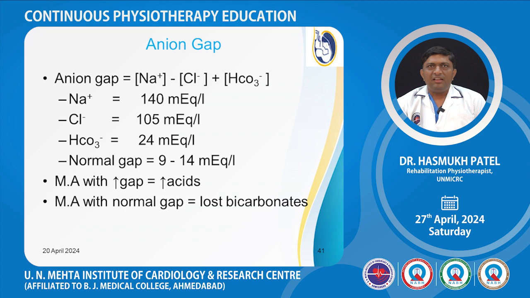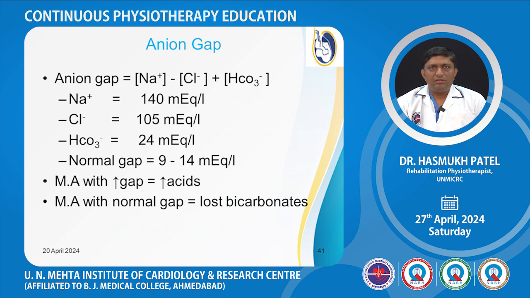Now, anion gap. Anion gap is an equation where chloride and HCO3 minus are subtracted from sodium. The normal range of sodium is 135 to 140, chloride is 100 to 115 and HCO3 is 22 to 26. Normal anion gap is 9 to 14 milliequivalents per liter.